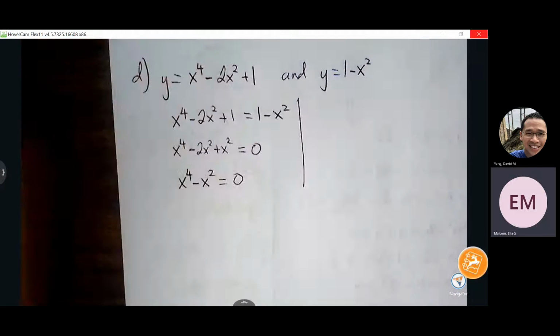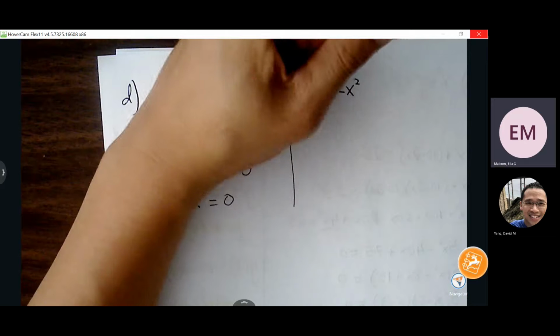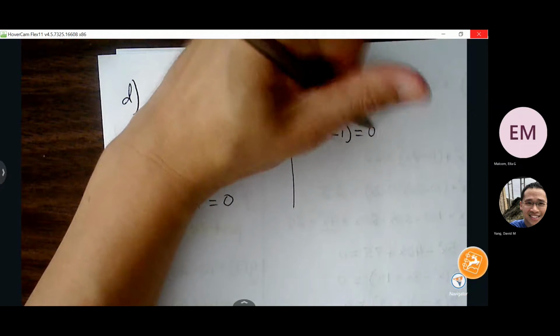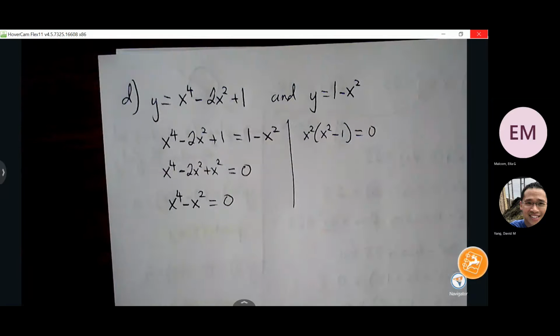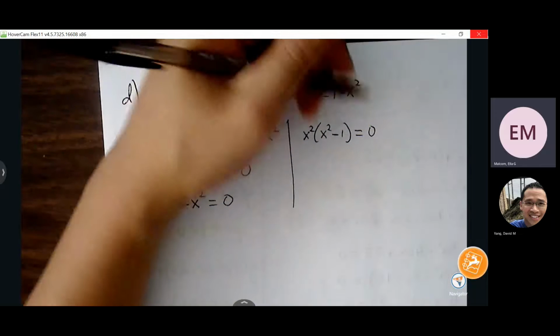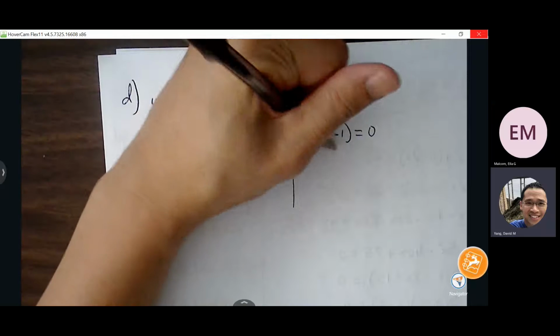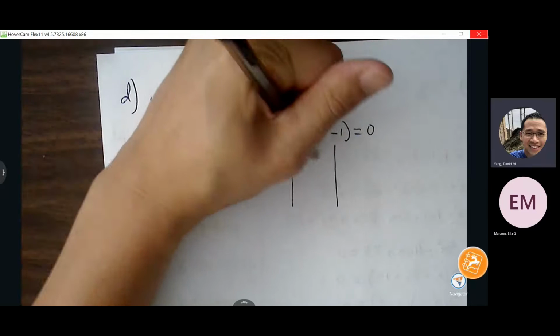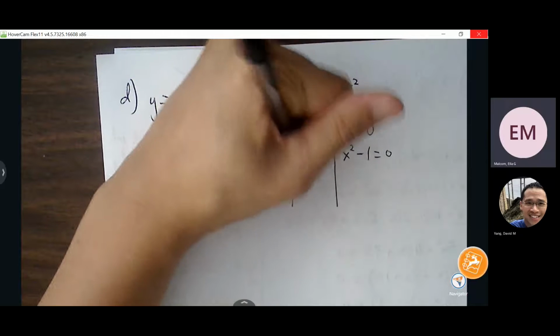And we can take out x squared, right? That's x squared minus 1 equals 0. So x is going to equal 0, and x equals plus or minus root 1, which reduces to 1.